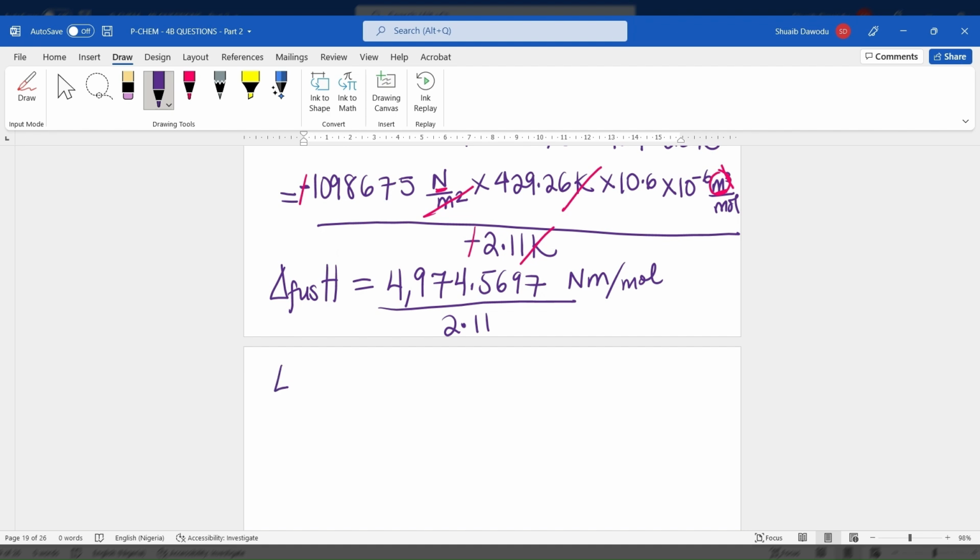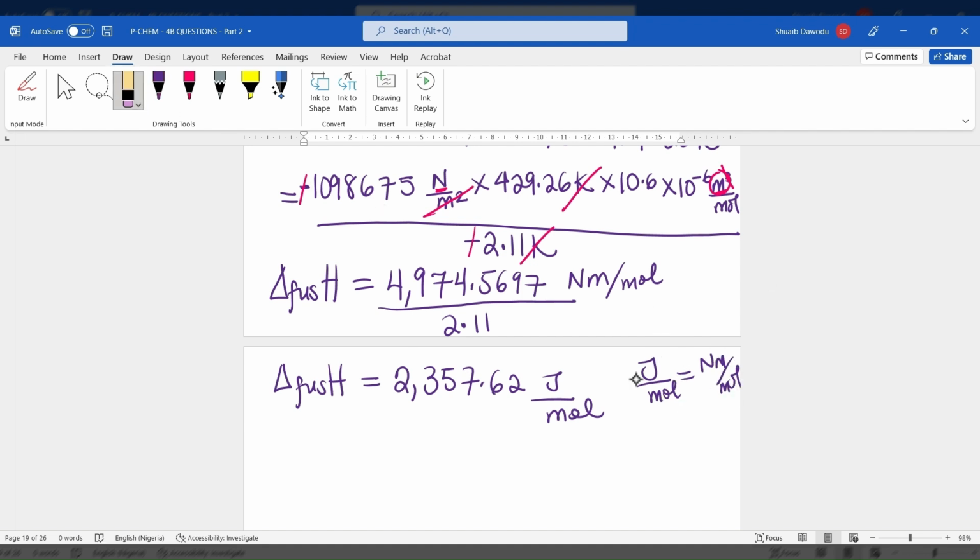So 4974.5697 divided by 2.11 would end up giving 2,357.62 joule per mole. And joule per mole is simply the same thing as Newton meter per mole. So that's basically what's going on here. So now we've successfully gotten the change in enthalpy of fusion.